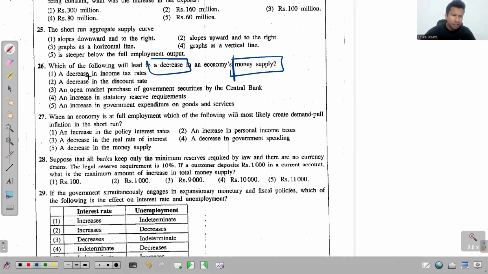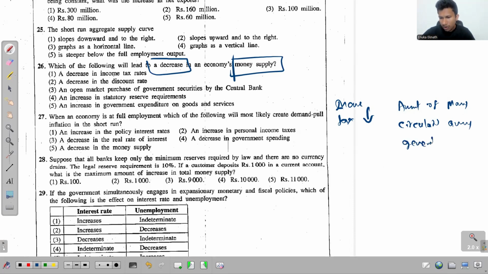The first option says a decrease in income tax rate. So we get income tax and the tax rate decreases. When income tax rate decreases, what happens? The amount of money that is circulated among general public increases.